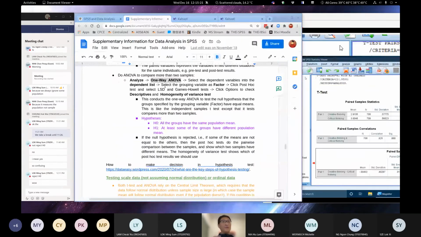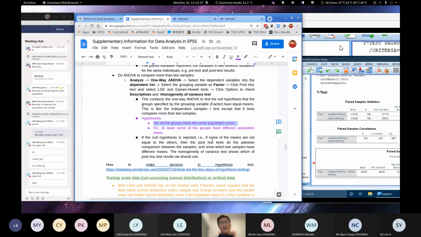Okay, so how to do the one-way ANOVA? First of all, look at the hypothesis. Now, in this case, again, we are comparing the population mean between groups, but this time we have more than 2 groups. So the null hypothesis is that all the groups have the same population mean, all the groups.